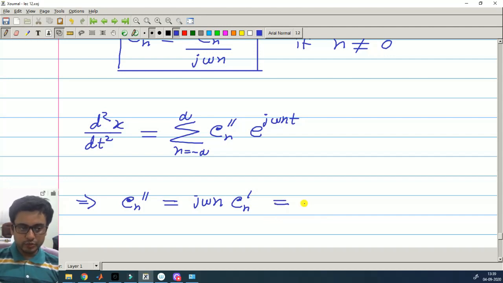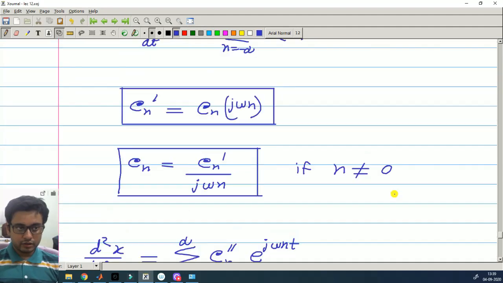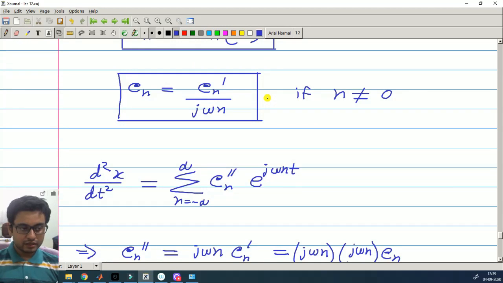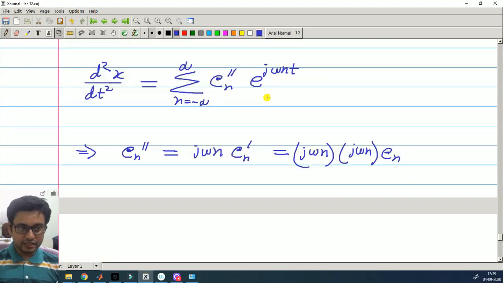That means it will be equal to j omega n multiplied with j omega n Cn from this equation.